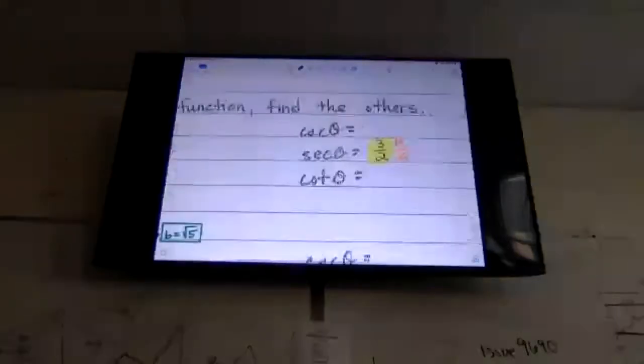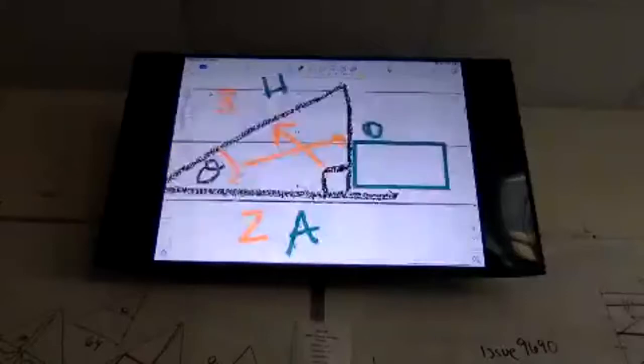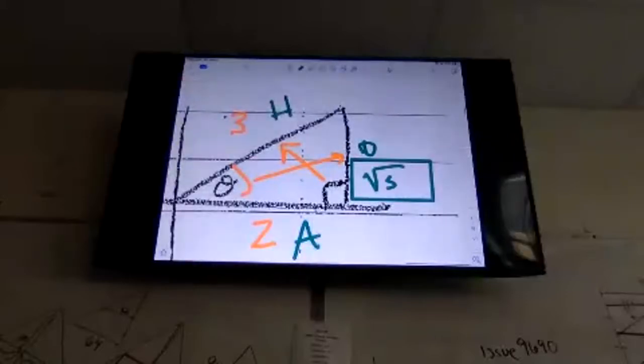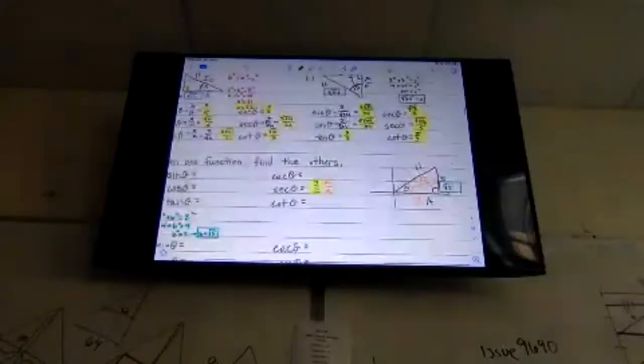All right. Once you have that, then you can start plugging in for your sine, cosine, tangents. I'll write mine. You guys can write yours and then check it in 1 second.